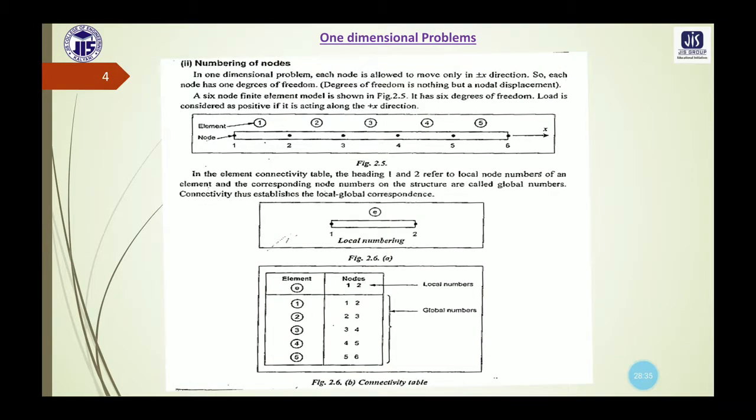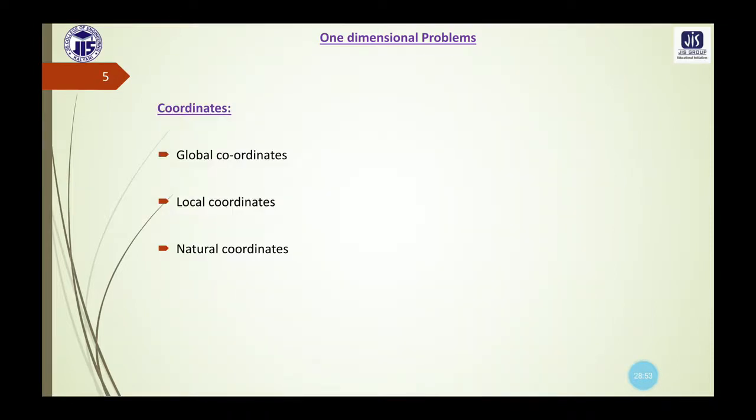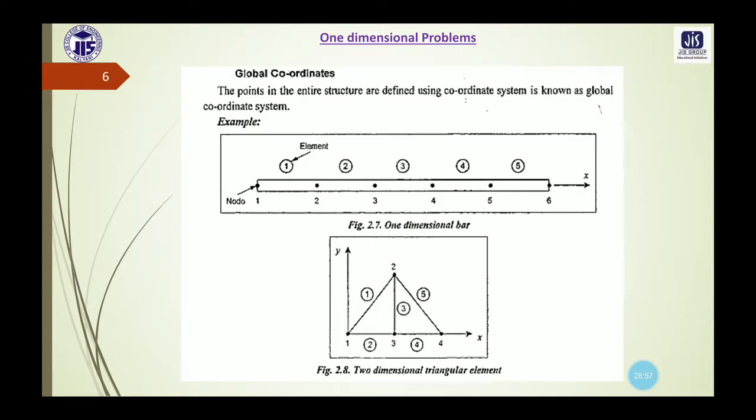Then the numbering of nodes: how to number the different nodes. Earlier we discussed the shorter side and longer side numbering process. Here we have also seen the relationship between the local number and global number, and the concept of local and global coordinates.